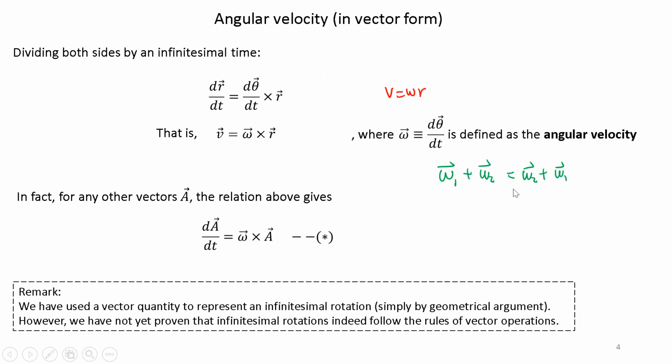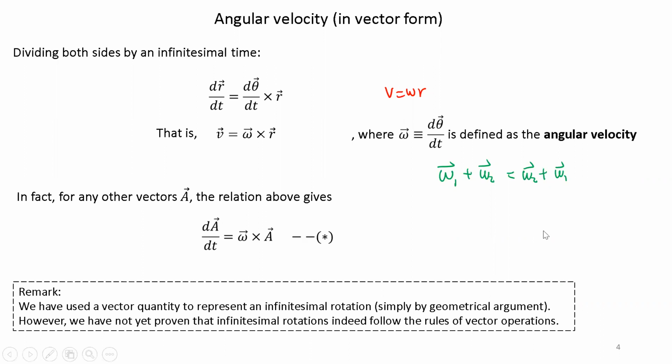Because if you think about a large rotation, not an infinitesimal rotation, if you rotate something about one axis first, and then rotate the same thing about the other axis.